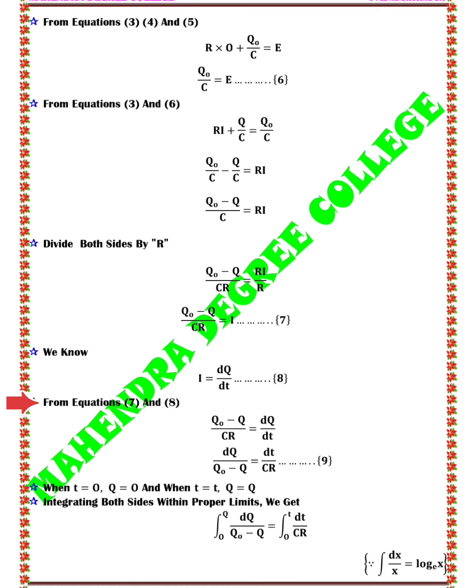From equations 7 and 8, the current I value is substituted in equation number 7. We get Q naught minus Q by CR equals I, that is dq by dt. Finally, Q naught minus Q by CR equals dq by dt.